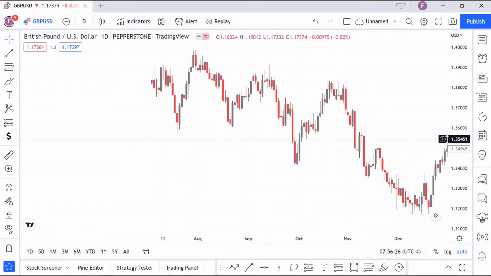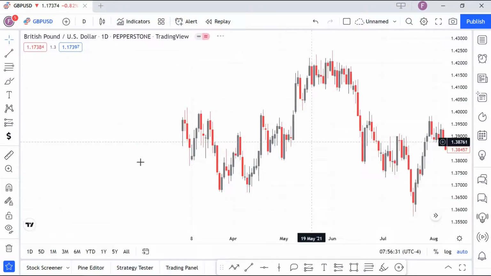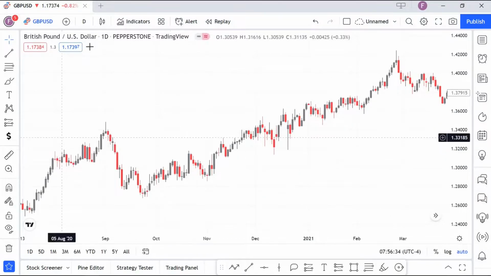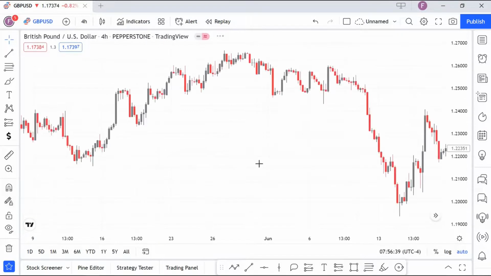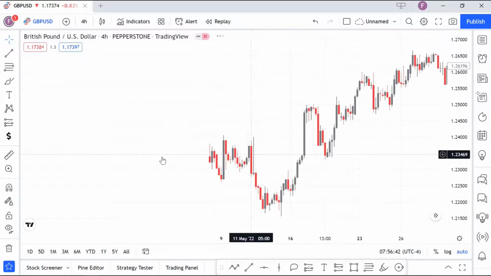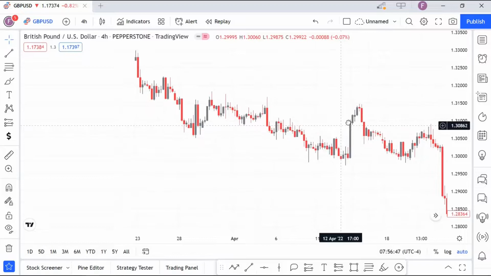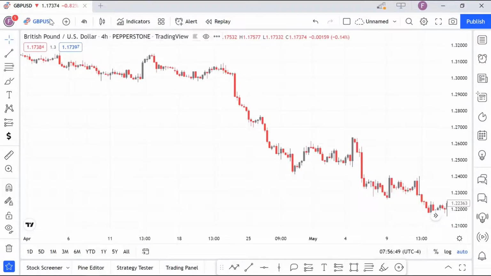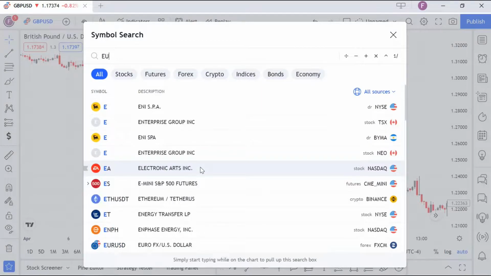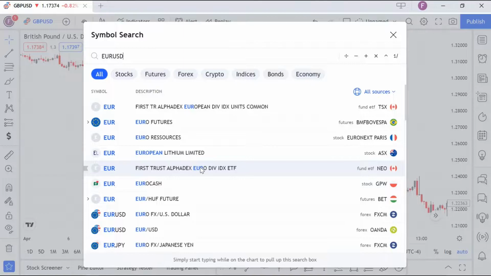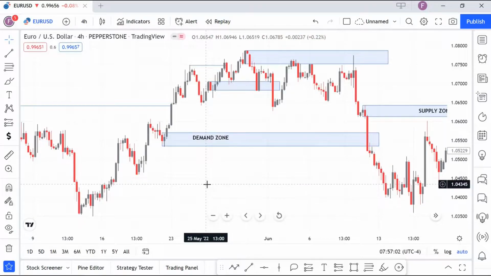So we are looking for buy setups. Let's go to a lower time frame. Or maybe you can take another pair, let's say Euro USD.